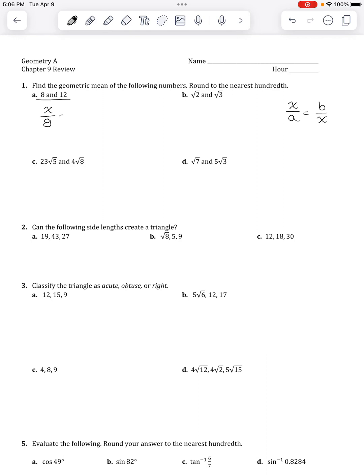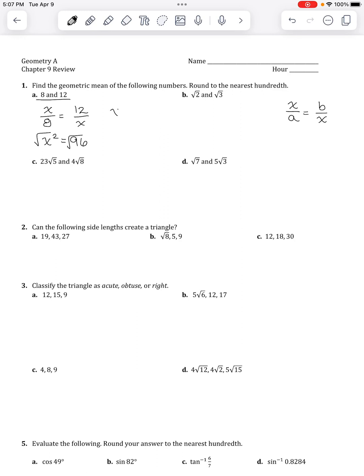So when I'm given 8 and 12, looking for the geometric means, I'm going to do x over 8 equals 12 over x. Then we are going to cross multiply to solve. X times x is x squared. 8 times 12 is 96. To get rid of squared, we take the square root.